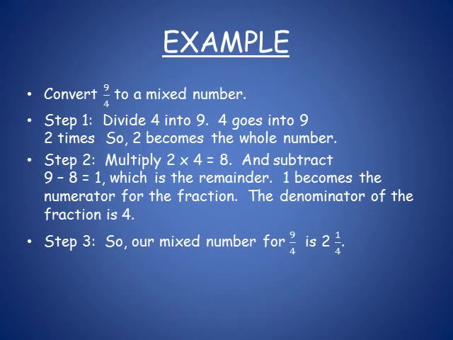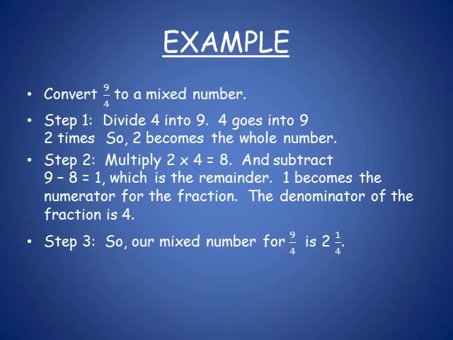In step 2, multiply 2 times 4, which equals 8, and then subtract 9 minus 8, which equals 1, which is the remainder. So we get 1 becomes the numerator for the fraction, and then the denominator of the fraction is still 4, which was also 4 when we started as an improper fraction. So that does not change.